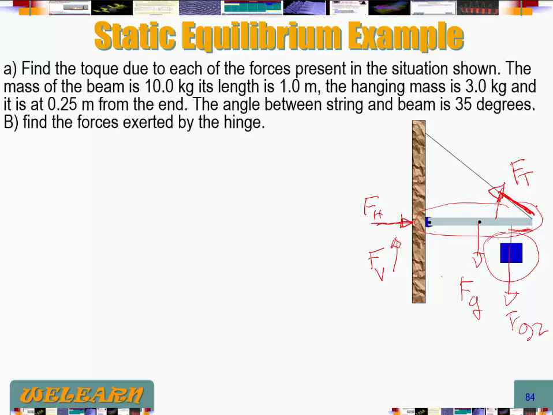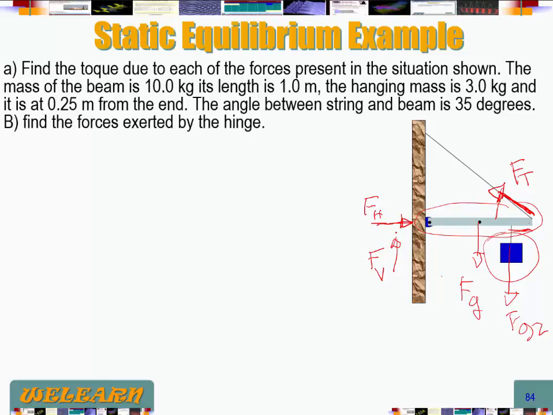The question is asking us to find the torque due to each of these forces. For 2 of these forces, the torque is easy if we choose the pivot point as the point about which to calculate all of these torques.